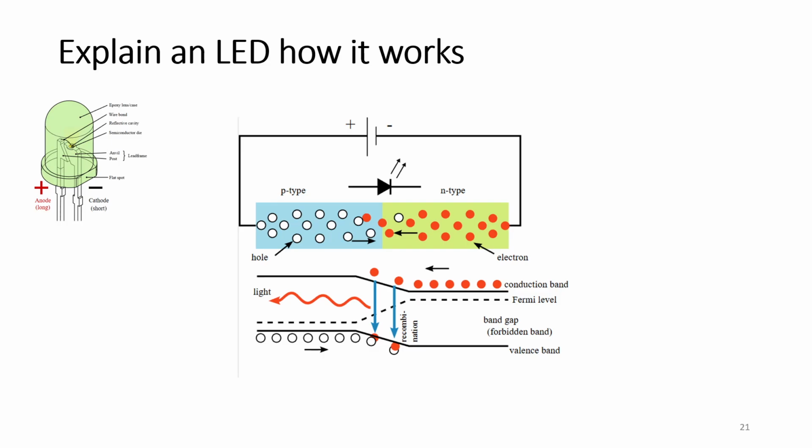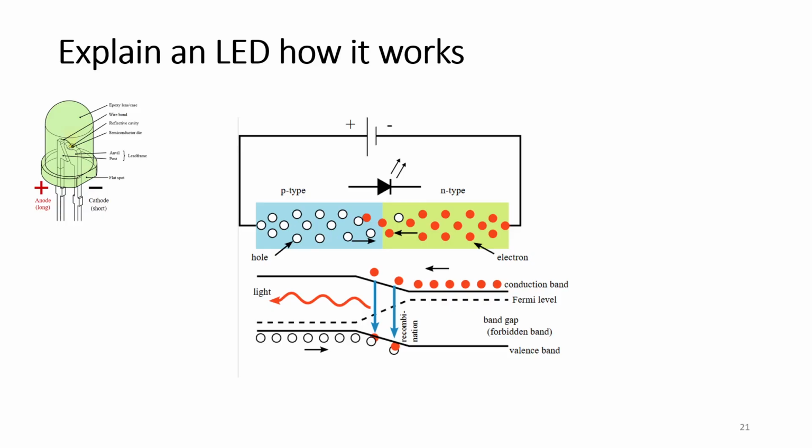The emitted light is represented in the diagram as a wave, indicating electromagnetic radiation. The energy of the photon, and therefore the color or wavelength of the light, is directly determined by the size of the band gap of the semiconductor material.